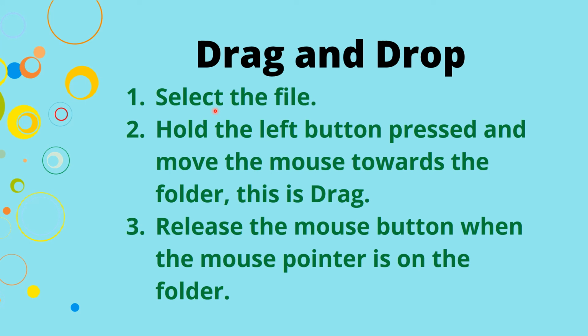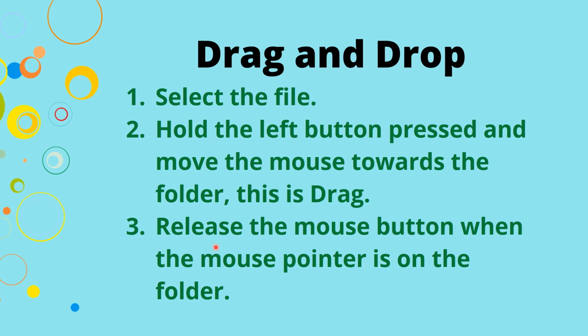So first step is to select the file, hold the left button pressed and move the mouse towards the folder. This is drag. Means first step is to select the file that you want to move, and then hold your left button pressed on the file and move your mouse towards the folder in which you want to drag your file.